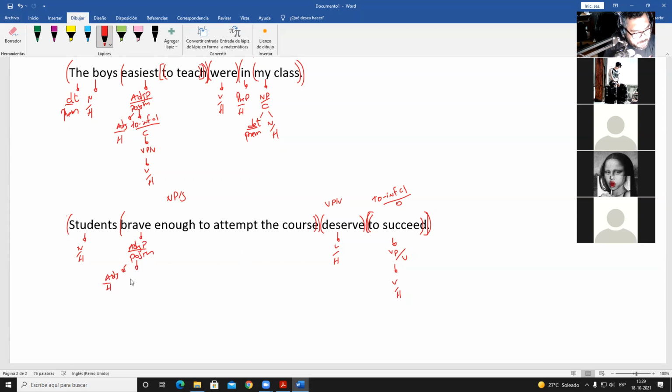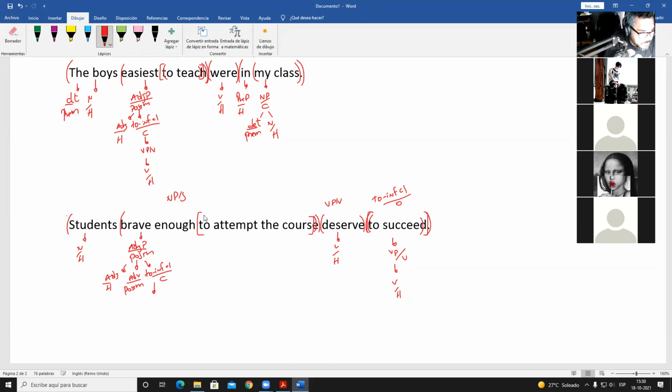Then we have enough, which is our post-positive adverb, right? Post modifier. And then we have to attempt the course. Beautiful. So here we have our to infinitive clause acting as a complement.